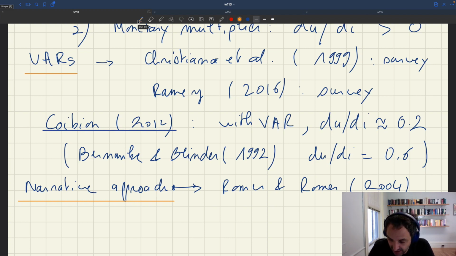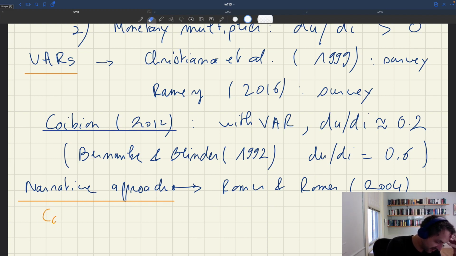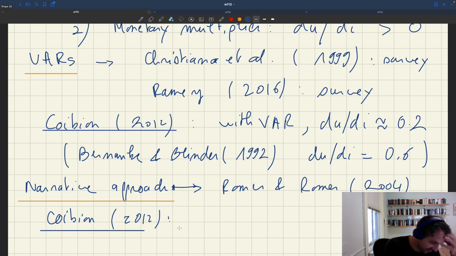And generally, they find a much larger number. So in the narrative approach, you tend to find a much larger multiplier. In the Ciaobin paper, what's nice is that it contrasts the two approaches. So he also replicates the narrative approach.